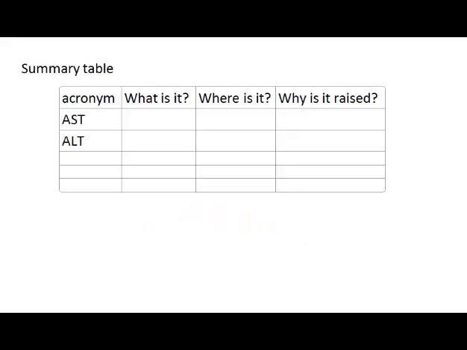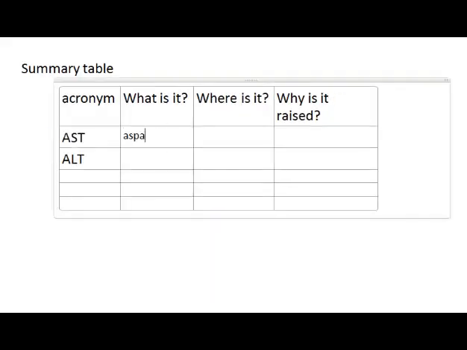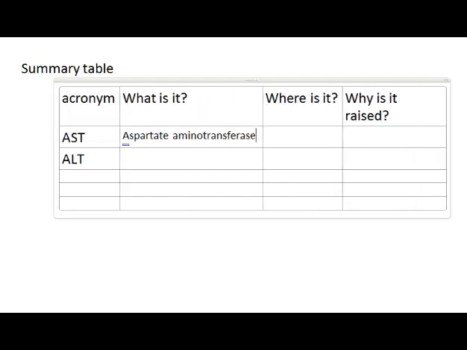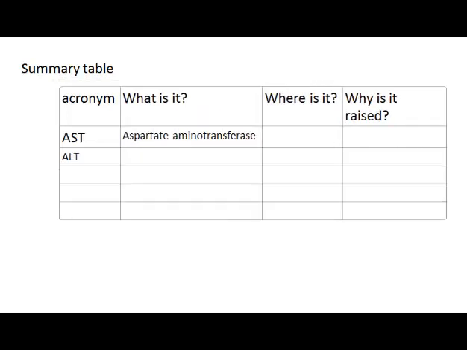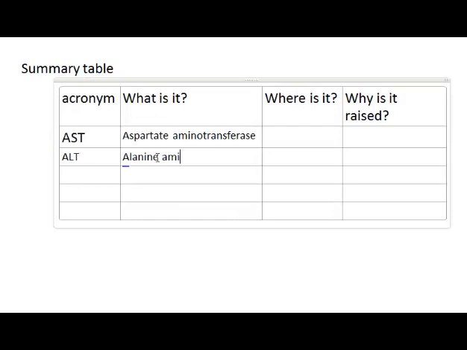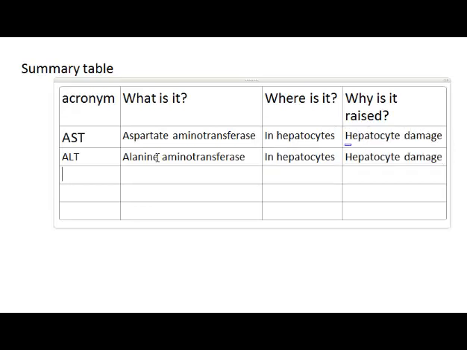So to summarise that, the liver function tests comprise the aminotransferases AST and ALT, which sit in the hepatocytes, and if they're raised, they indicate hepatocellular damage.